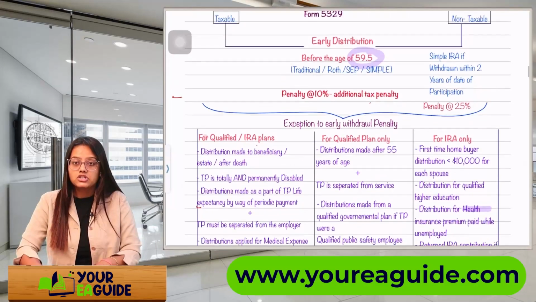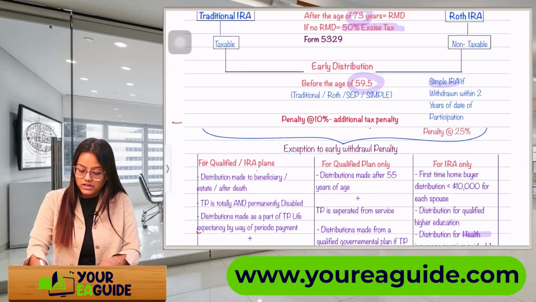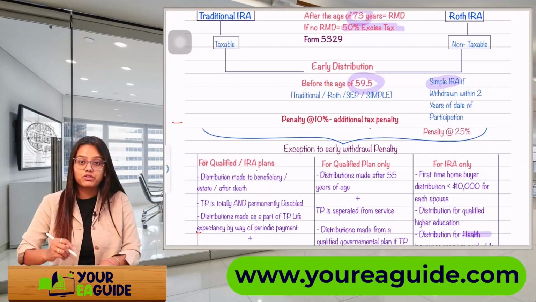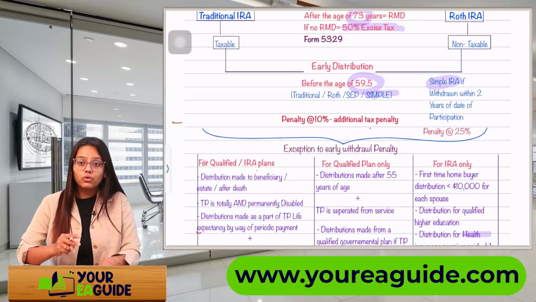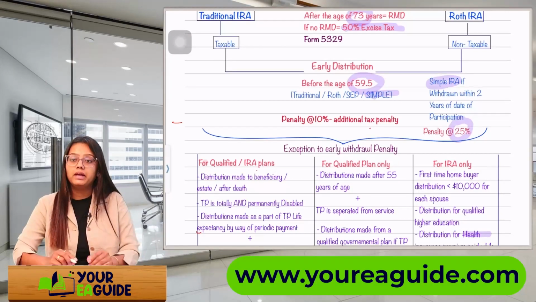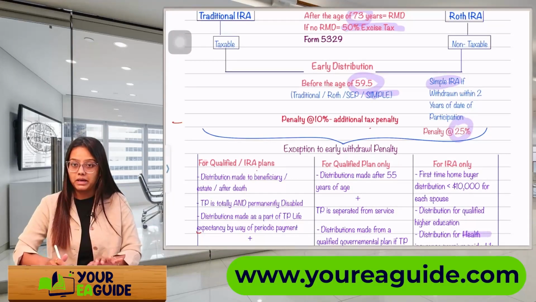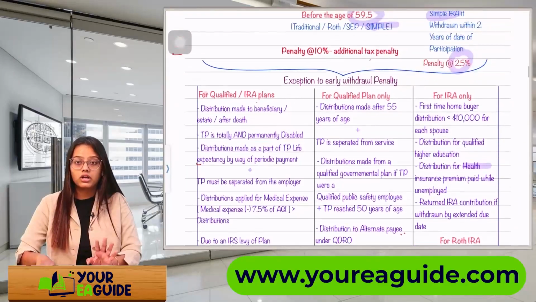Got it, guys? Just remember one thing: in the case of a SIMPLE IRA, the match plan, if it is withdrawn within 2 years from the date of participation, then straight away the penalty will be 25%. Please remember, guys, in the IRA topic, penalties, age limits, and the exceptions to the penalties are all important.